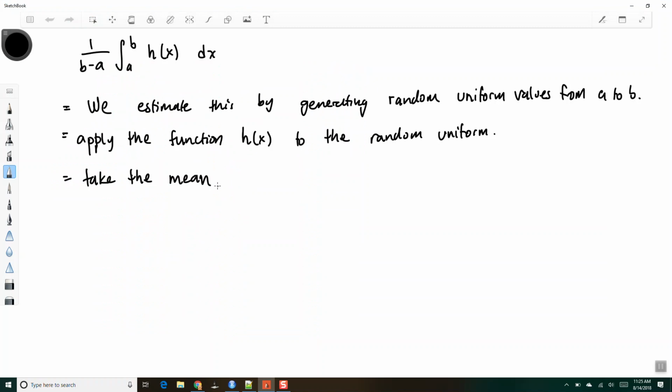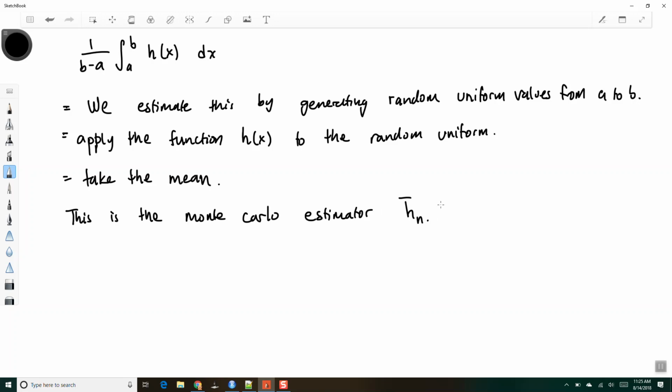Take the mean. Okay, and this will be the Monte Carlo estimator, h bar sub n, n being how many values you used to generate this.